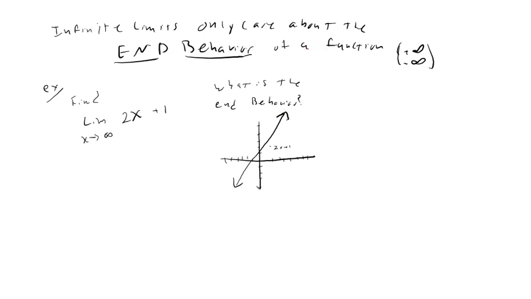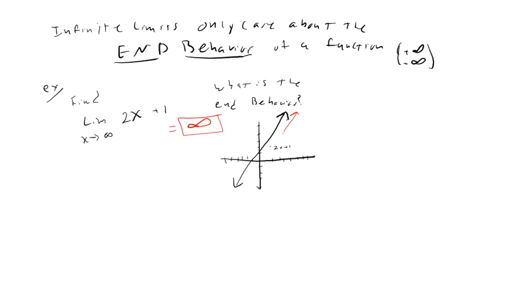So as this function approaches infinity, is there a horizontal asymptote? Is there a particular number we're reaching? Is there a particular spot that this graph is going to get close to? Not really. It's going to go forever. So the limit of infinity, if we keep going, it's going to get to infinity.